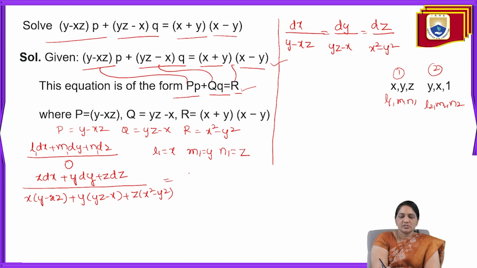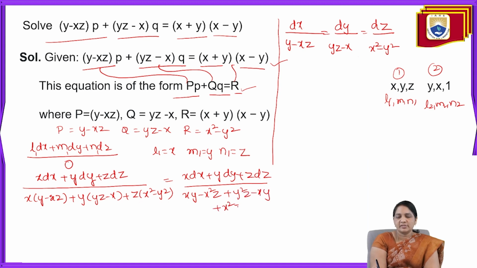So this is x dx plus y dy plus z dz by: multiplying x with the denominator, xy minus x square z, plus y square z minus xy, plus x square z minus y square z.